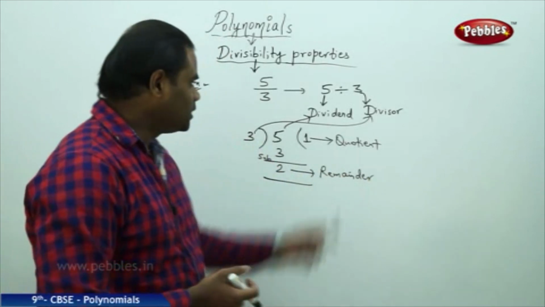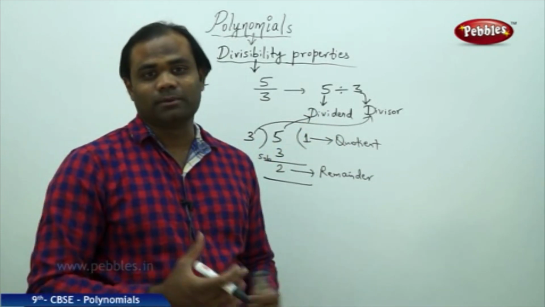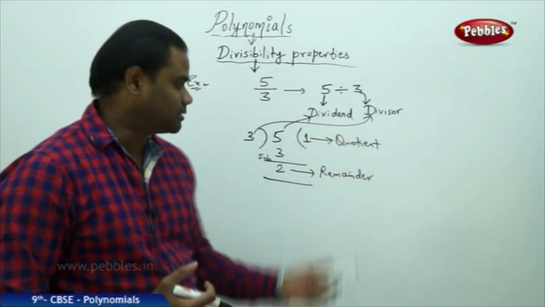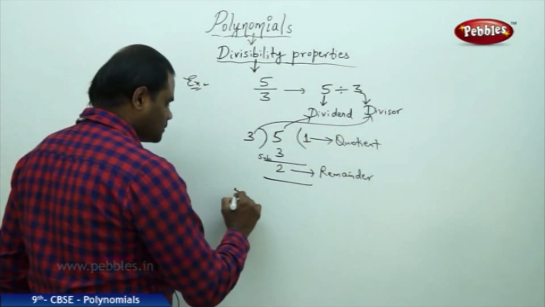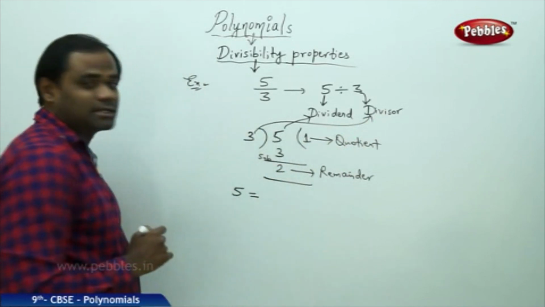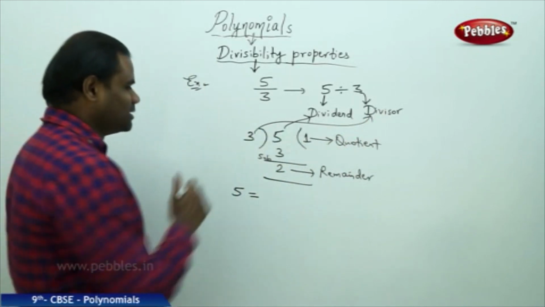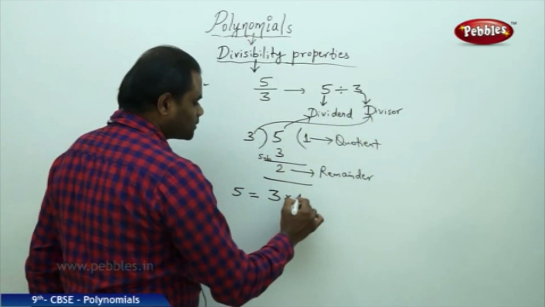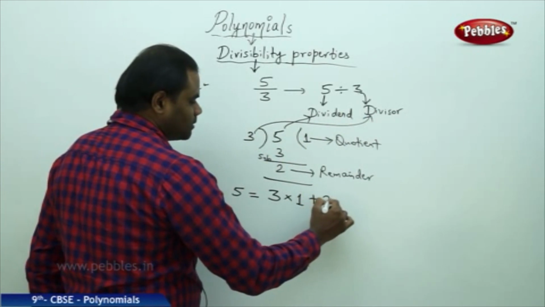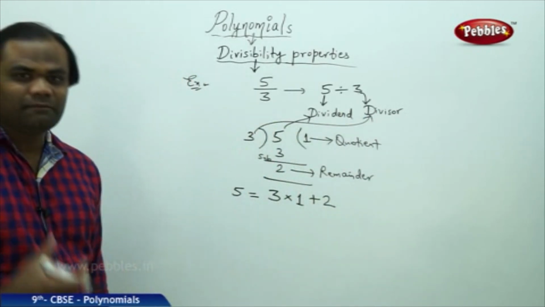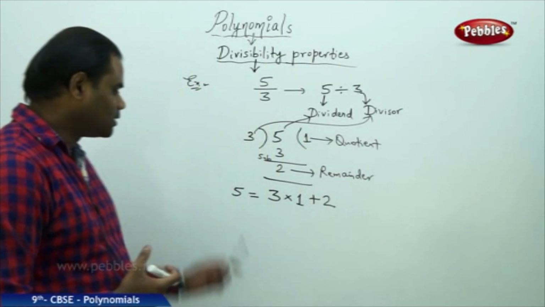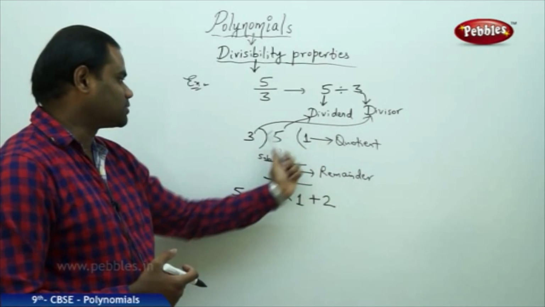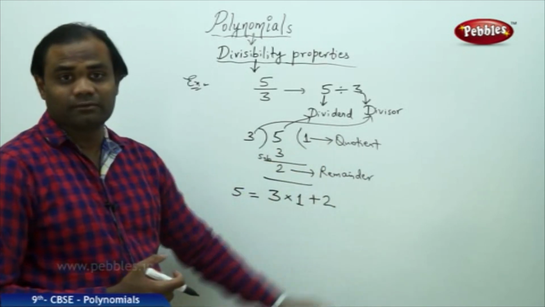So the remainder, the quotient, the divisor and the dividend play a vital role in getting connected to each other. Each of these has its own properties, but they have their own mathematical relation, which says that the dividend, which is 5, as seen in this example, clearly is divisor times quotient, which is 3 times 1, plus the remainder, which is 2.